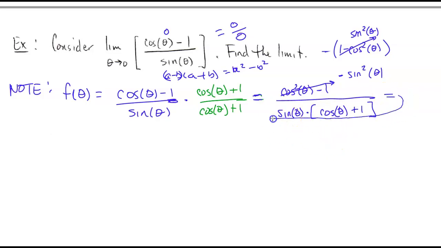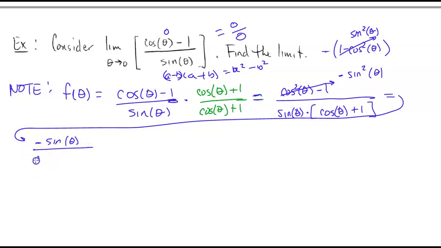And of course, that would simplify to, since I have sine squared here and sine there, a minus sine theta in the numerator, and cosine theta plus 1 in the denominator.